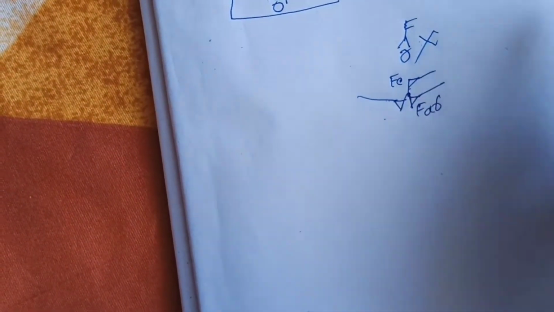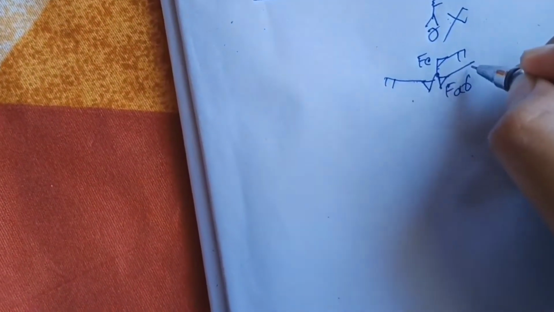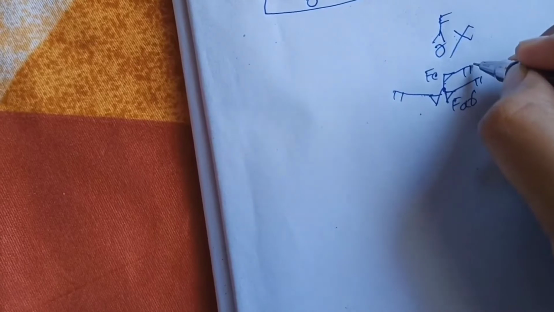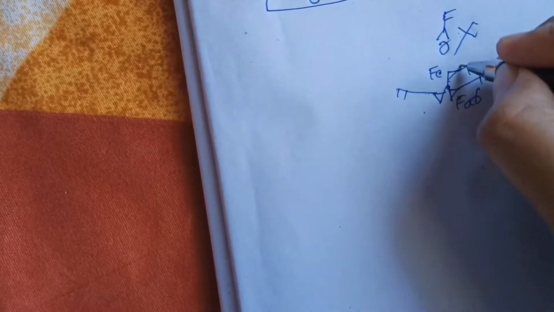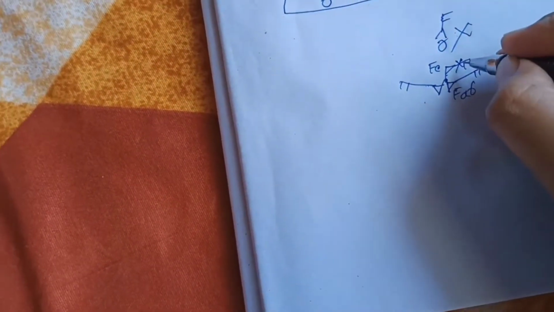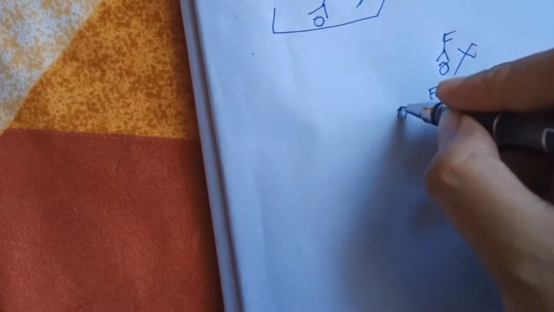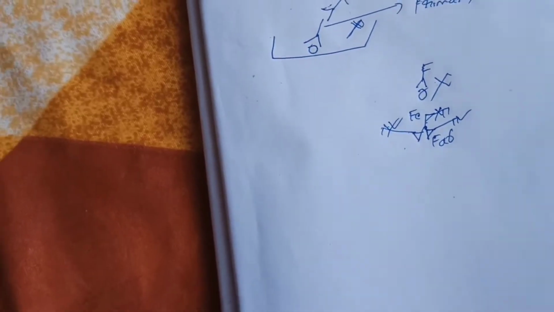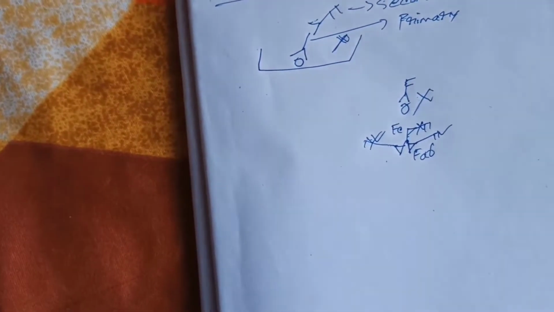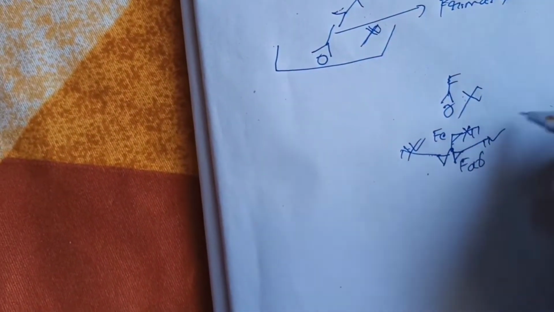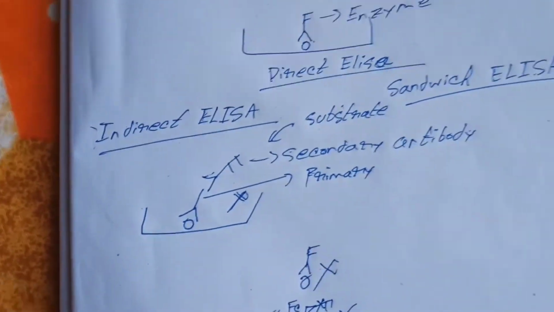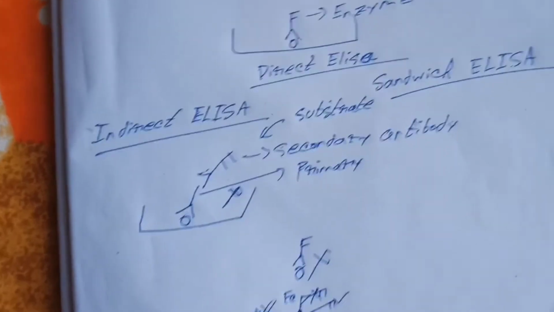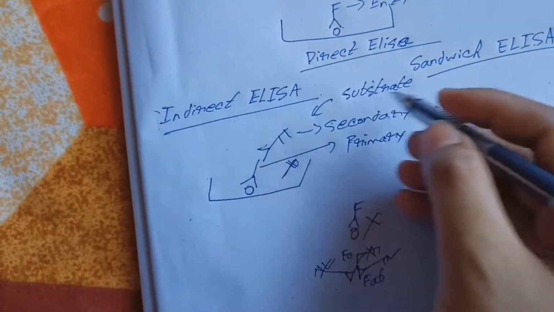There are multiple antibodies binding, and this is enzyme linked. So if one antibody is weak and does not bind, those other antibodies are also binding, so the chance of error is minimized. These are the two main reasons why we go to indirect instead of direct.